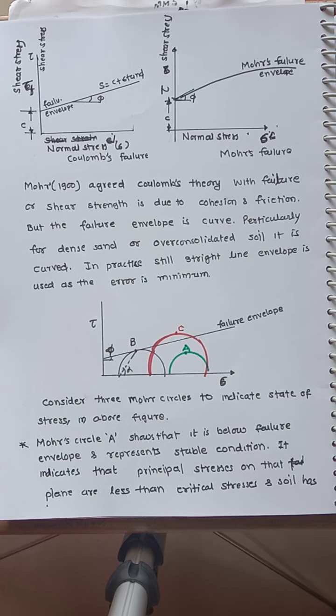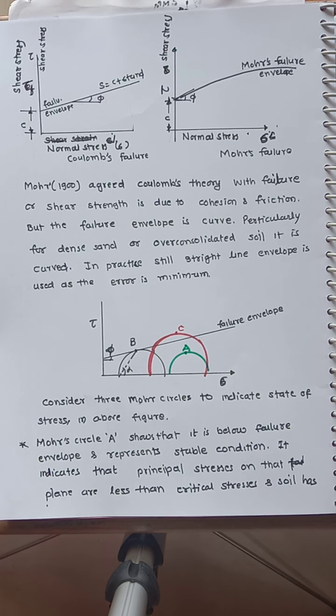Not all soils show this curve; particularly dense sand or over-consolidated soil gives a curved failure. But if you overlap the two, the percentage of error for medium to loose soils is minimal, and for dense soil it is slightly more but still acceptable.